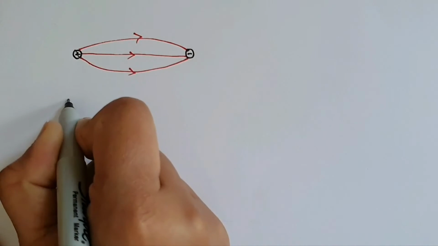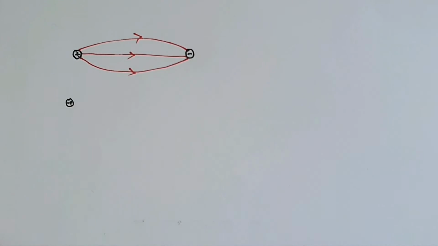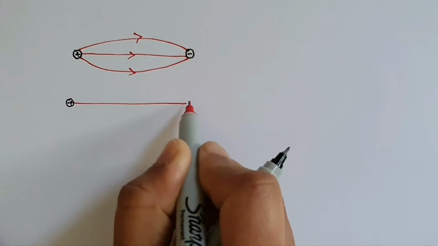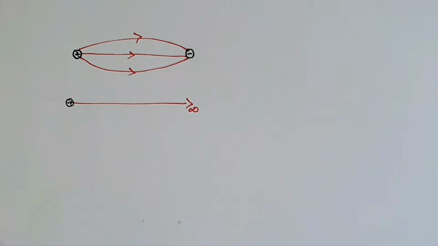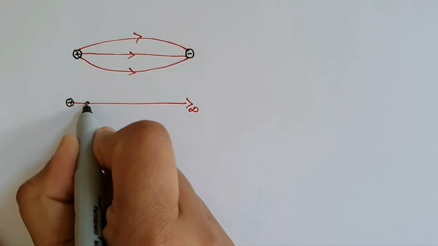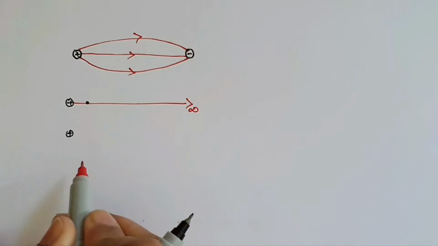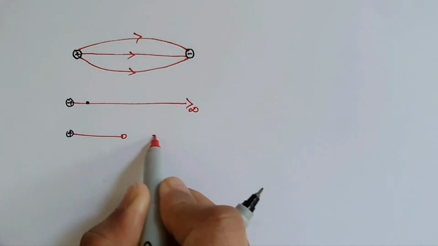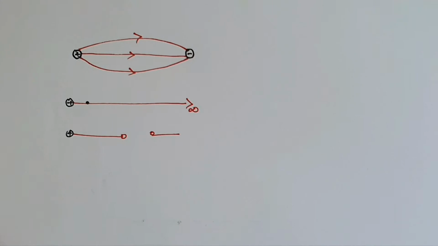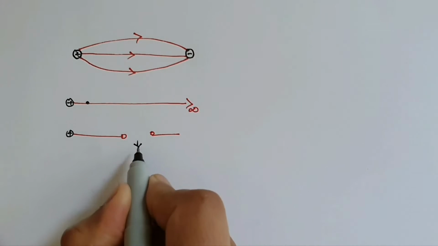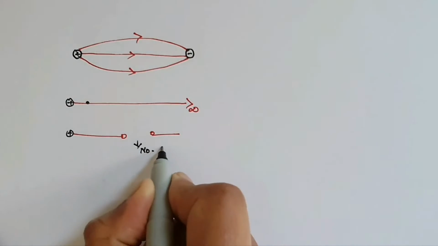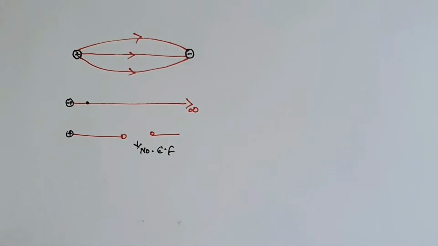So if there is no negative charge here, the field line goes up to infinity. So when you place a test charge here, it experiences a continuous force in this direction. If there is a sudden break in this electric field line, which means that there is no electric field at this region. No electric field at this broken region.